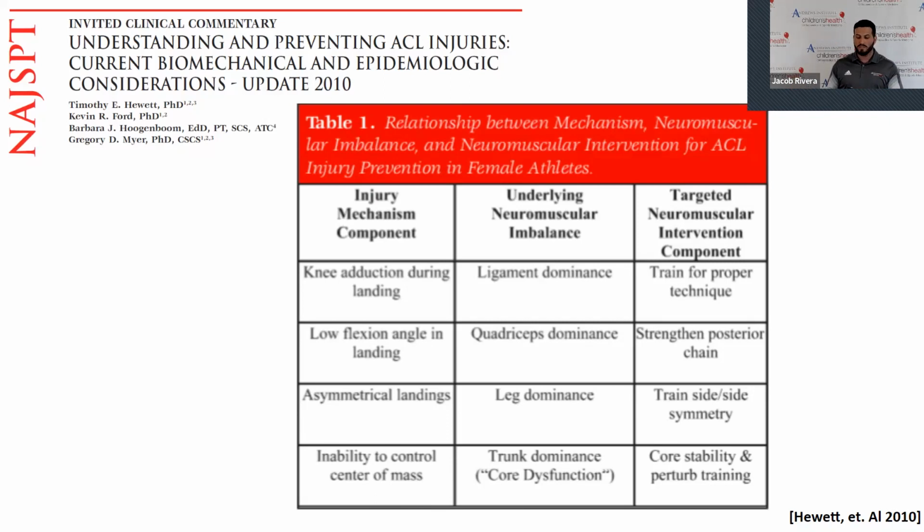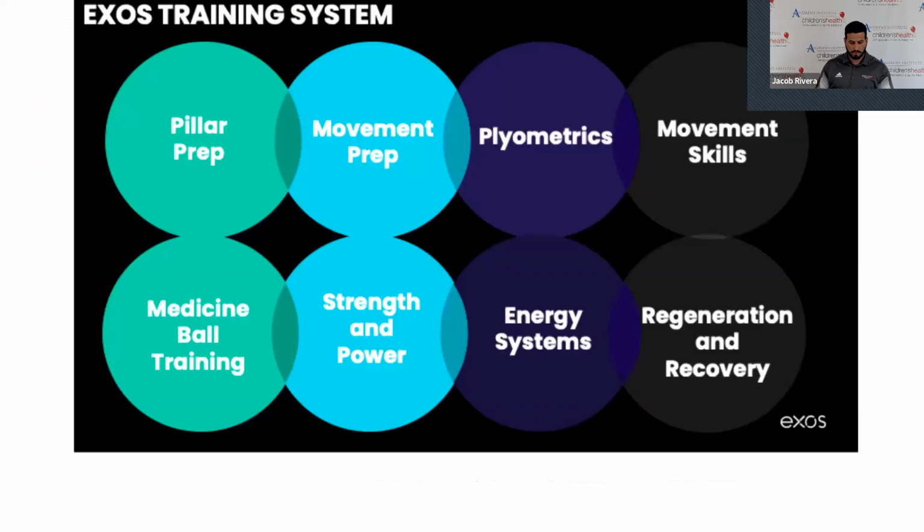You could think of any sort of mechanism that then reveals an underlying neuromuscular imbalance that then highlights a targeted intervention component that gives you the opportunity to decide, hey, what am I going to do with this athlete? Once again, you can do it in any way, shape, or form relative to the injury, and most likely you can create a very similar table to this based on what you've dealt with in the past from different injuries.